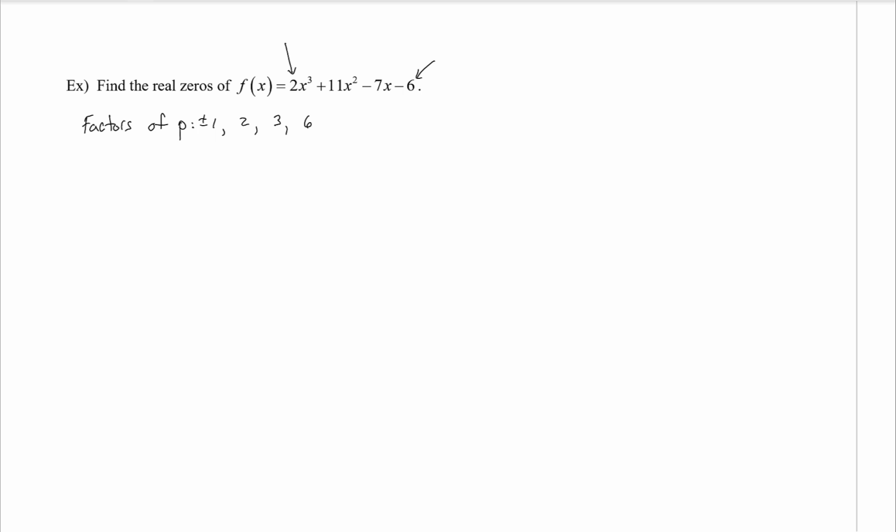So the positive or negative version of 1, 2, 3, and 6, those are all fair game. So positive 1 would go into 6, negative 1 would go into 6. That we don't really care about whether 6 is positive or negative itself. We just care about all the integers that would go into that evenly. So positive and negatives both are fair game. Well, the leading coefficient is 2, so the factors of q, well, the only integers that go into 2 evenly are 1 and 2.